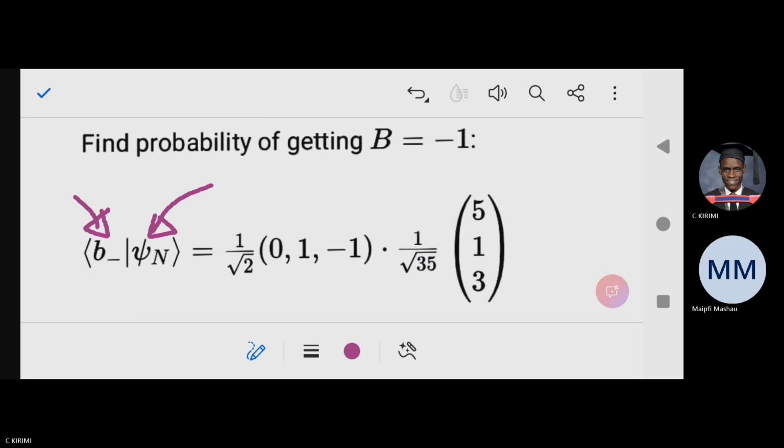So now we know the vector of B, which has been normalized. So this B, remember, it's a normalized vector, the eigenvector, sorry, which corresponds to B of a negative.